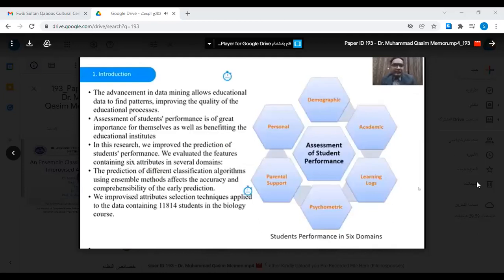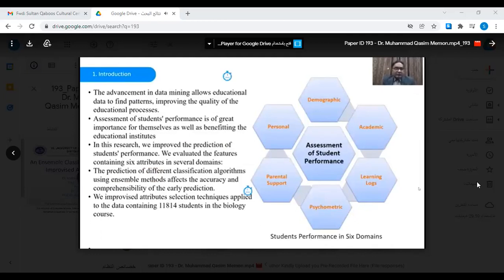Moving to the next slide, which is about the introduction. Educational data mining allows us to find patterns and improve the quality of the education process. In this process, the assessment of student performance is of great importance for the students themselves as well as benefiting the education institutions.